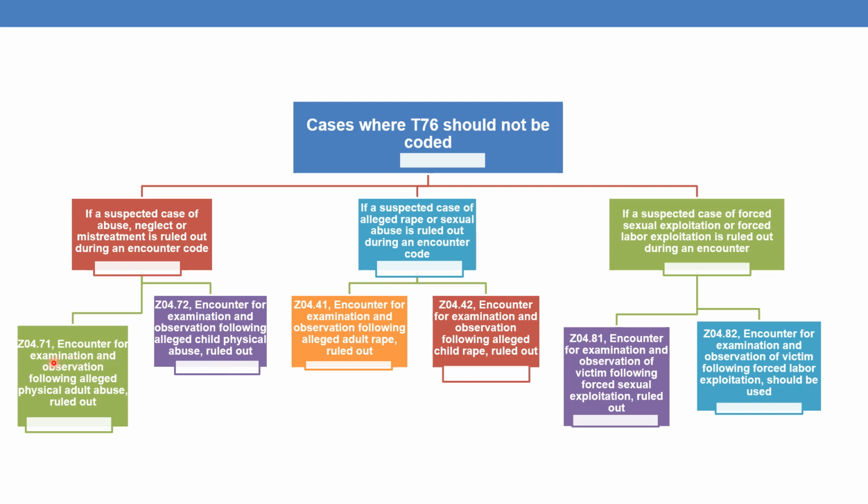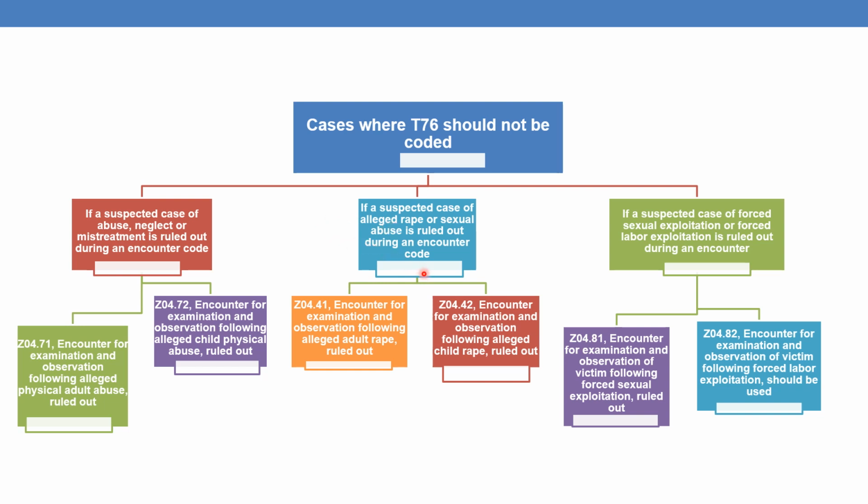Whenever adult physical abuse is ruled out, you need to assign Z04.71, and whenever child physical abuse is suspected but after examination ruled out, you can use the code Z04.72.